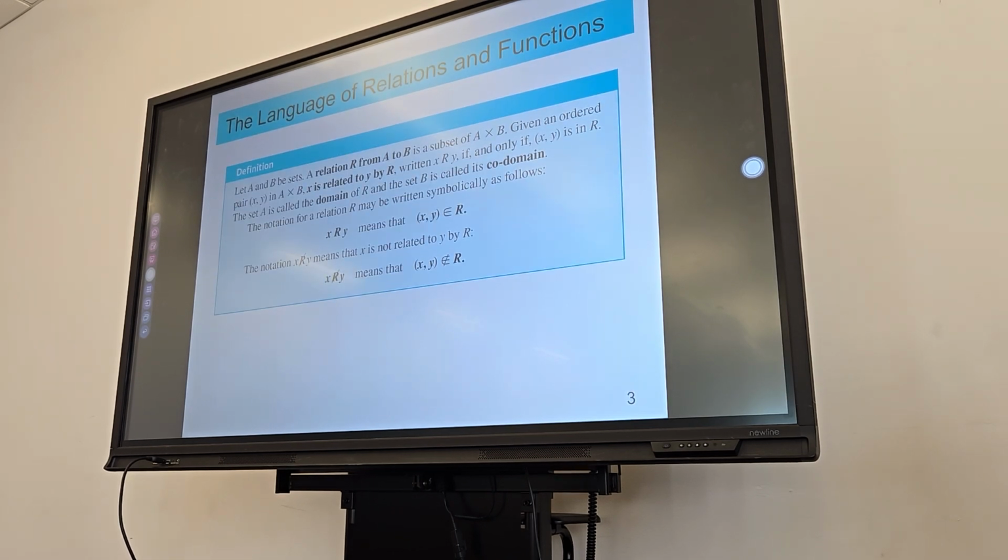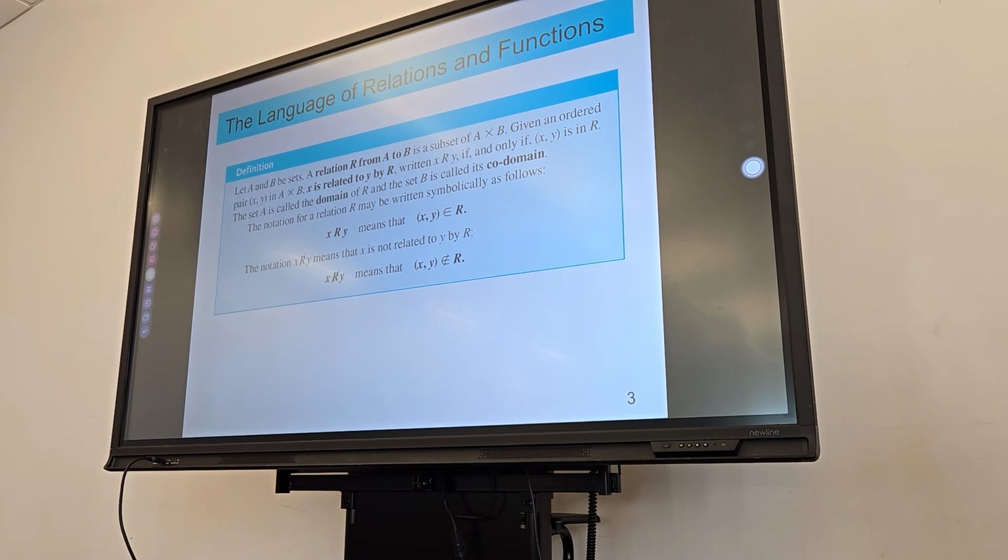This is where the book gets a little confusing because it uses the relation R, which we already use for real numbers, but it's italicized to indicate that it is a relation. A relation from A to B is a subset of the Cartesian product of A and B. Given an ordered pair X and Y in the cross product of A and B, X is related to Y by R, written X R Y, if and only if the ordered pair X, Y is in R. Set A is called the domain.